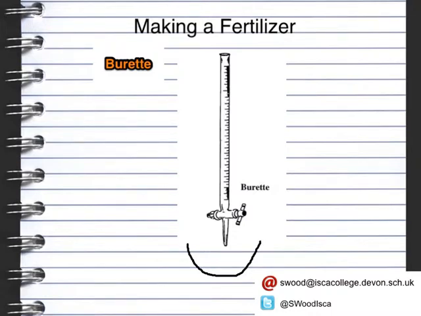We can then have the alkali in here, and drip in the acid so that we get that neutralization reaction. We can then use a glass rod and some universal indicator paper to test the pH, by putting a couple of drops onto the universal indicator paper, and that will give an indication as to the pH.